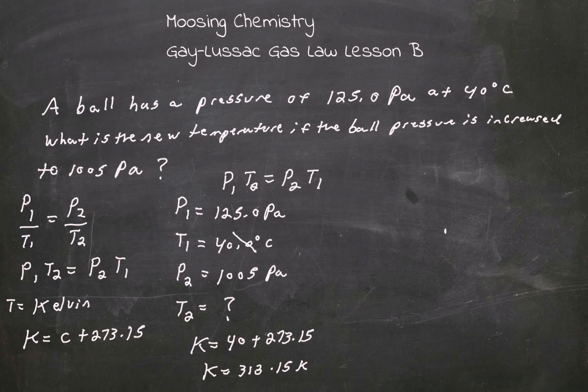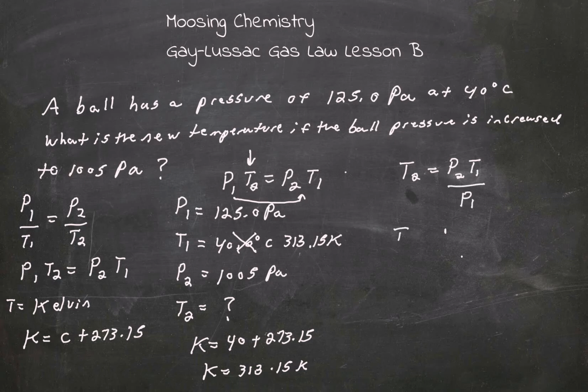So we can scratch that and make that 313.15 K. All right, now we're ready. We want to find T2. That means we've got to move P1 underneath, right? So we're going to write this as T2 equals P2 T1 over P1.